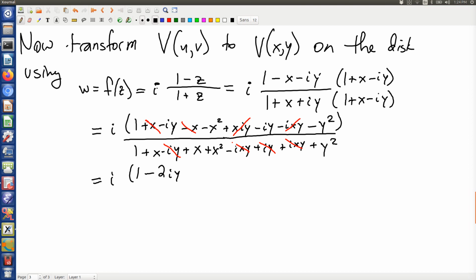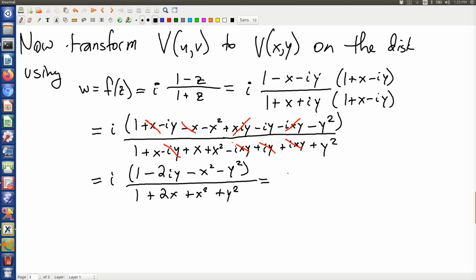Minus 2iy, minus x squared minus y squared. And the denominator is easily found. It's 2 plus 2x plus x squared plus y squared. Okay. Successfully gotten all the real and imaginary parts stuffed into the numerator.